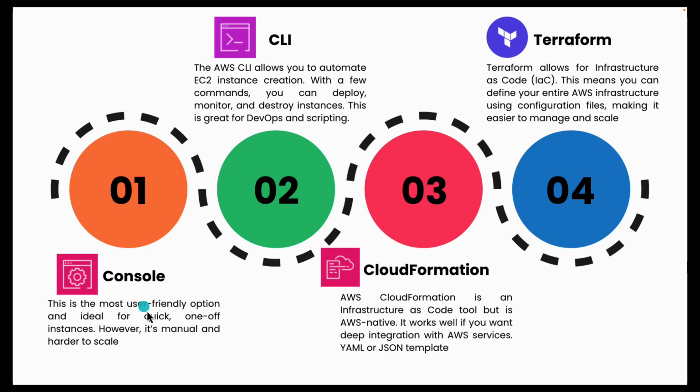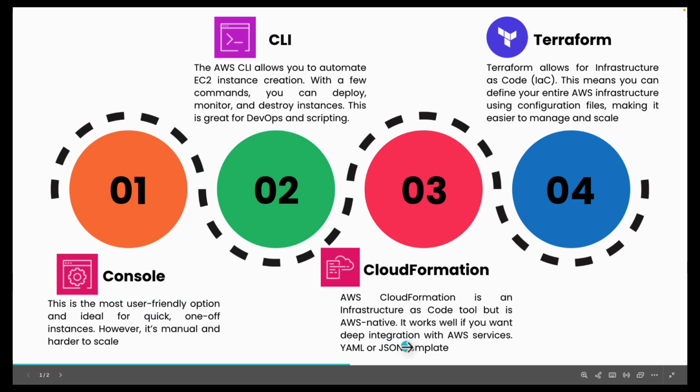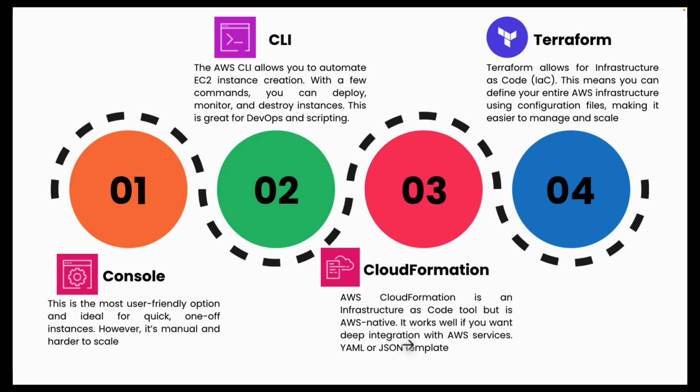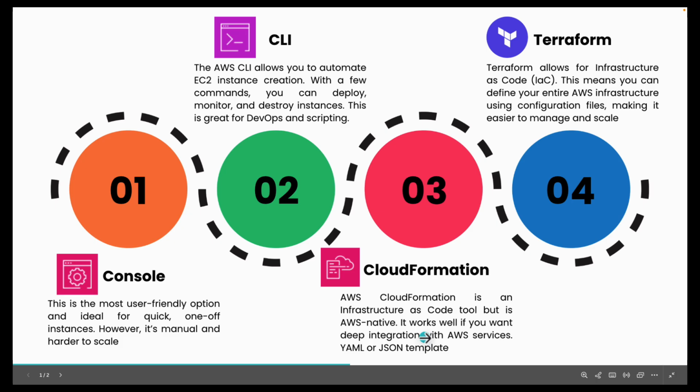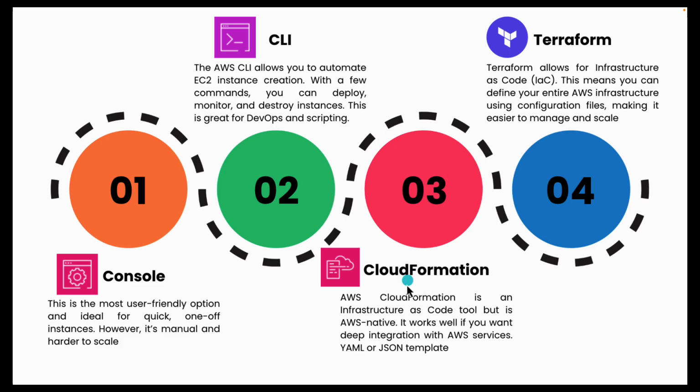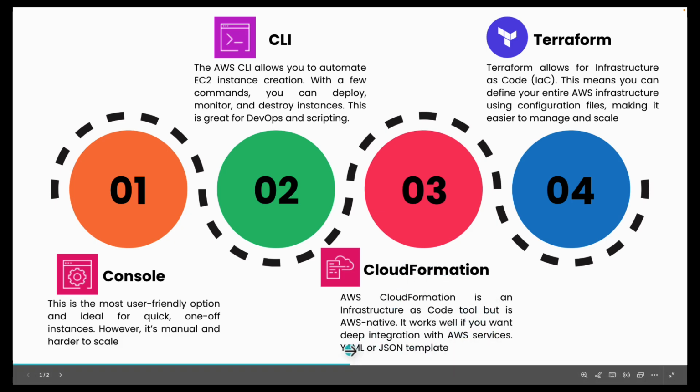Imagine instead of clicking around and deploying everything on the console, you have code where you just push a button, or you just upload it, and it deploys it for you, and it's always consistent. That's where CloudFormation comes into play. You can use either YAML or JSON templates to deploy CloudFormation.